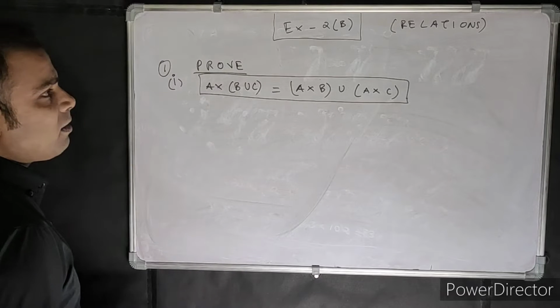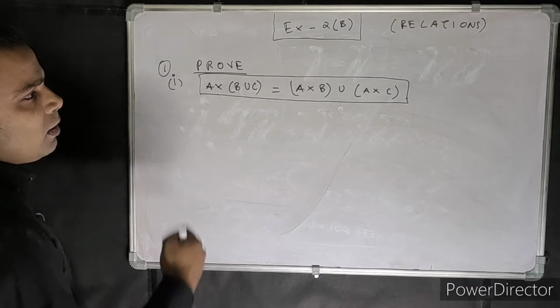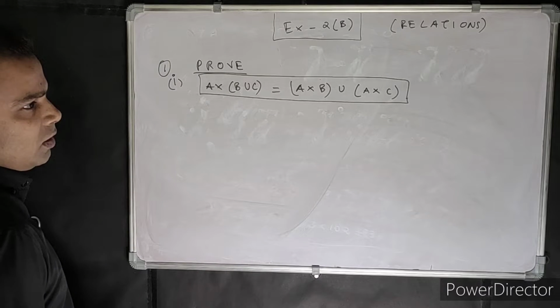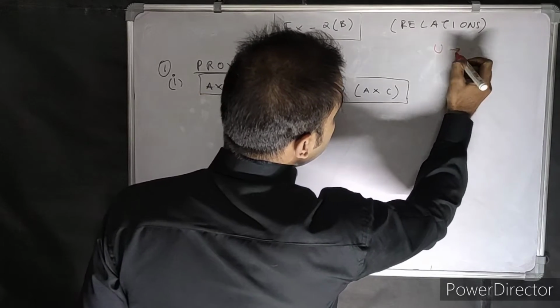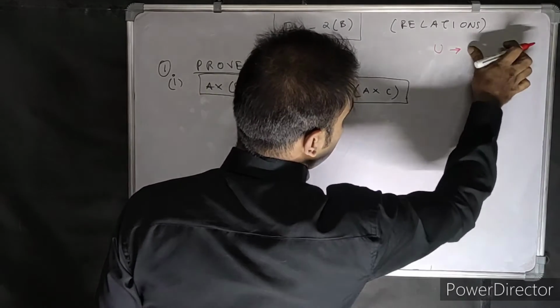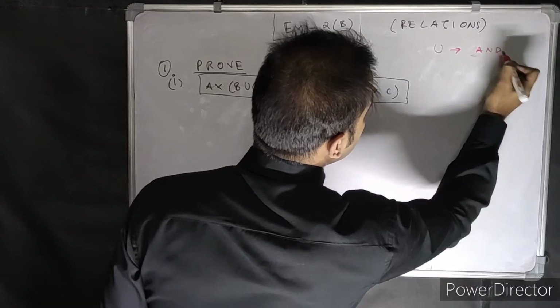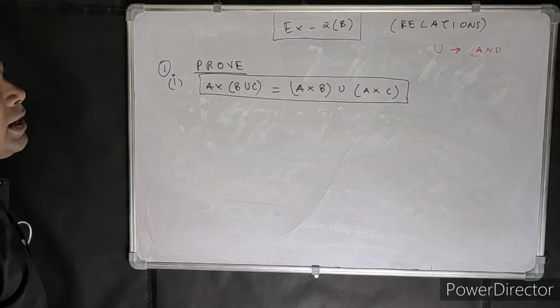Now, when I was giving the proofs of the theorems, I told you to write intersection as "and", if you remember, or you can go back to the theorems and check.